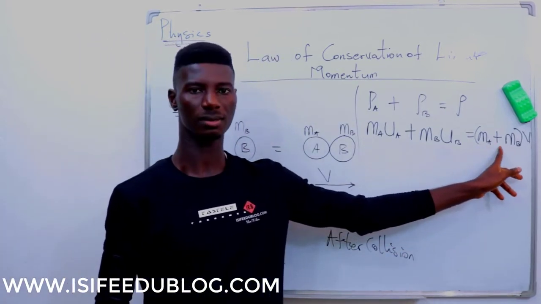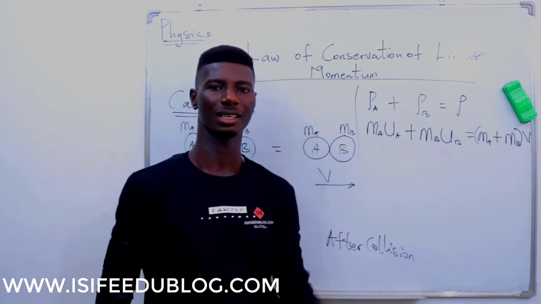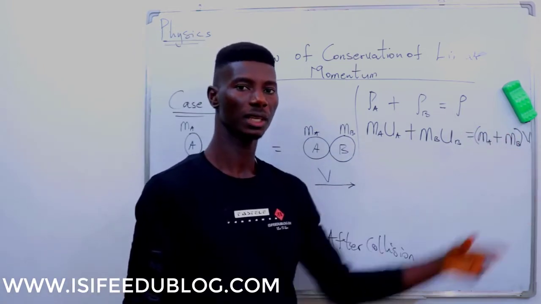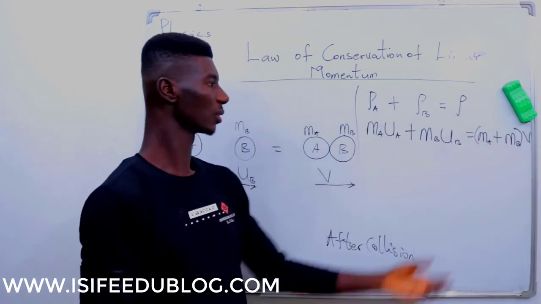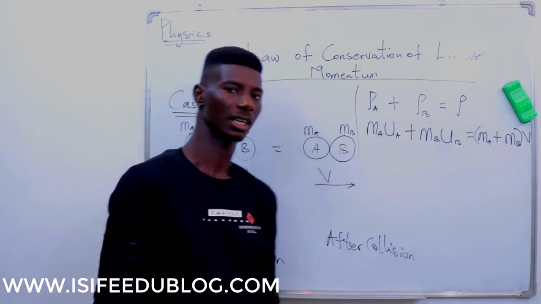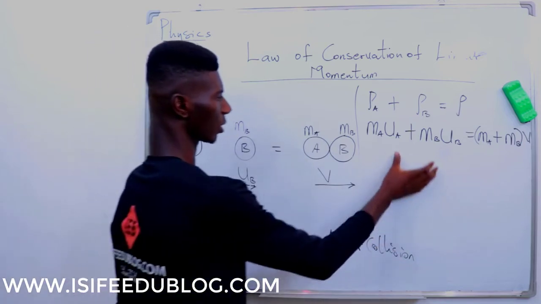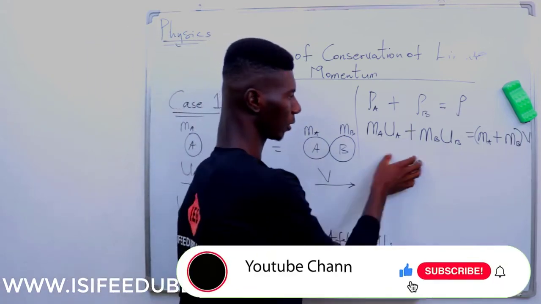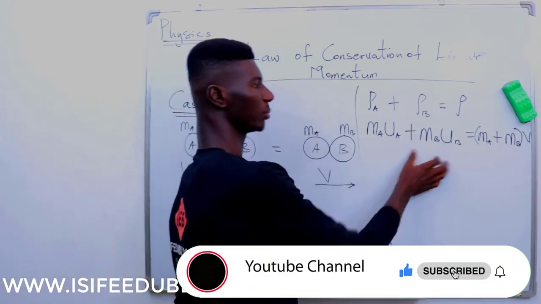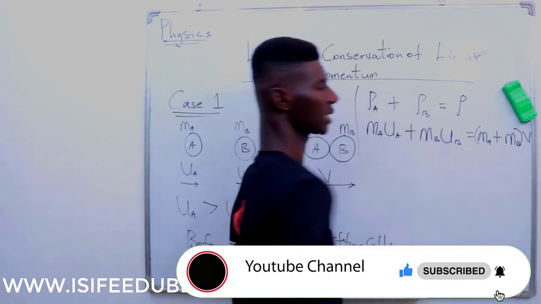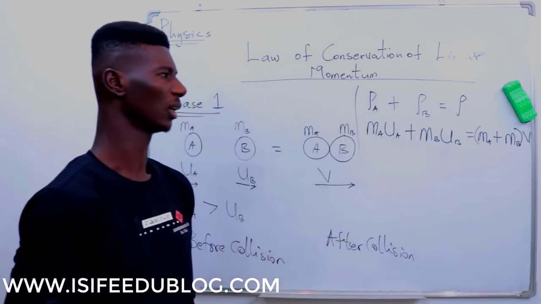MA plus MB times the final velocity. Addition of this will give us the total mass. So times this, that will give us the momentum after. So this is called the total momentum before collision. And this is the total momentum after collision.